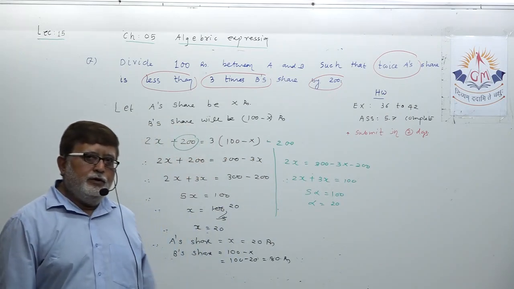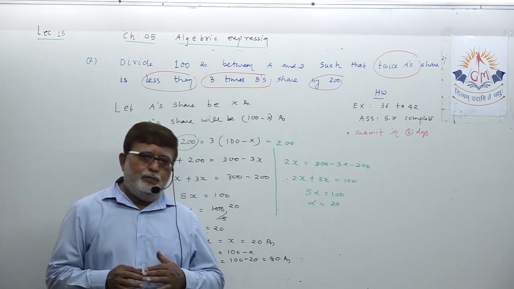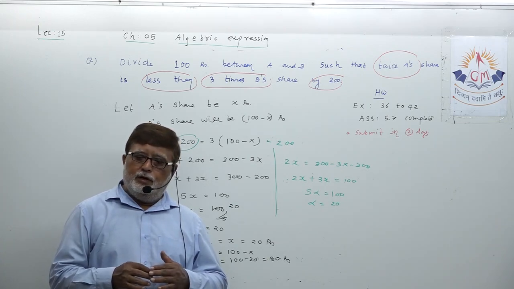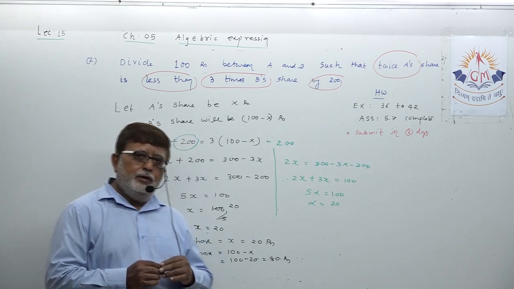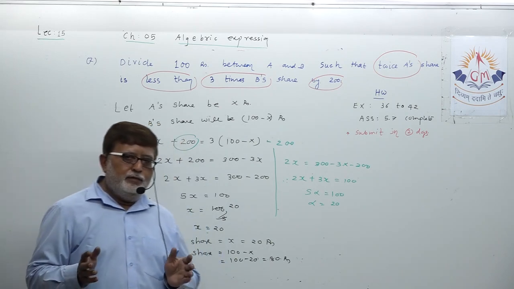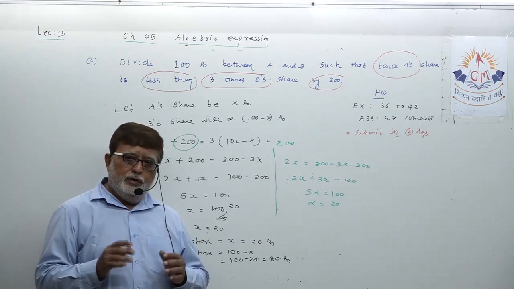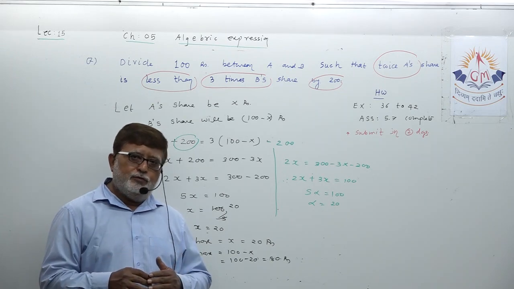With this lecture, dear student, lecture number 15, we are completing chapter 5, that is algebraic expression, that we are completing today. Okay? So 15 lectures we have allocated sufficiently to understand the total chapter algebraic expression.